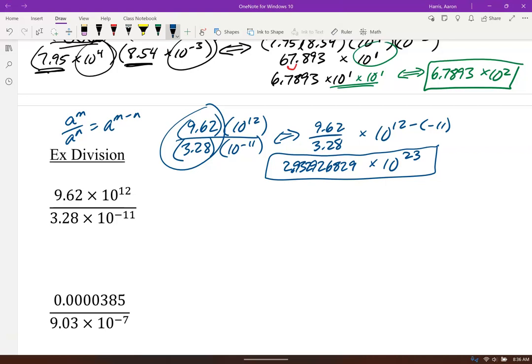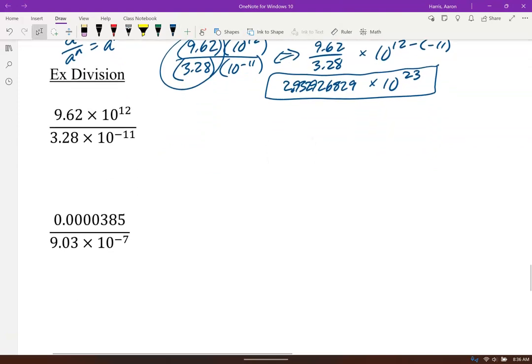Let's do this next one now. This one's in ordinary notation on the top, and the bottom is not.